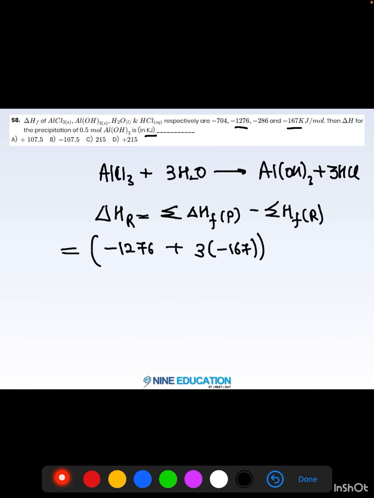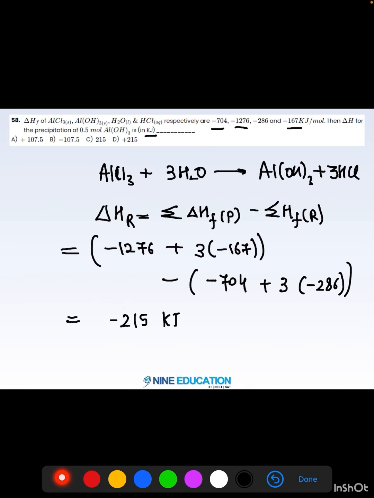It would be minus delta HF of reactants. In reactants we have AlCl3, for which the value is given as -704, plus 3 water, for which we have -286, right? If you solve this calculation, you will get the answer around -215. Obviously it will come in kilojoule.